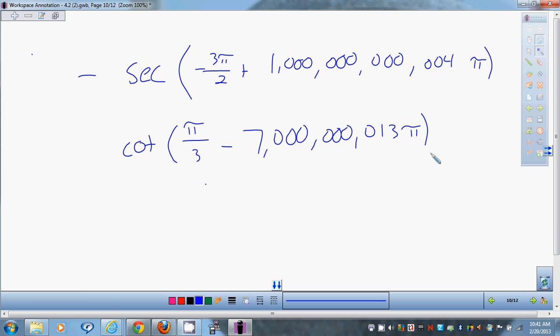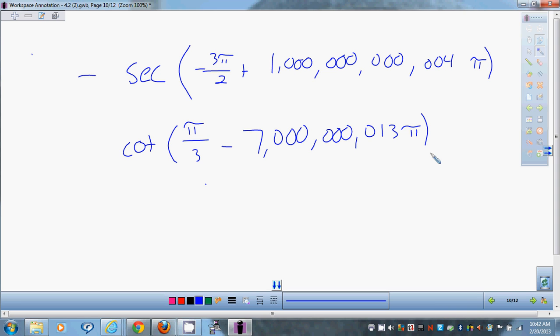So, does the quadrillion and 4 change anything? No. So all you should be doing is negative secant of negative 3 pi over 2. So you should be thinking unit circle, 3 pi over 2. Where's 3 pi over 2 in the unit circle, Lazarus? At the bottom. So what does a negative angle do?